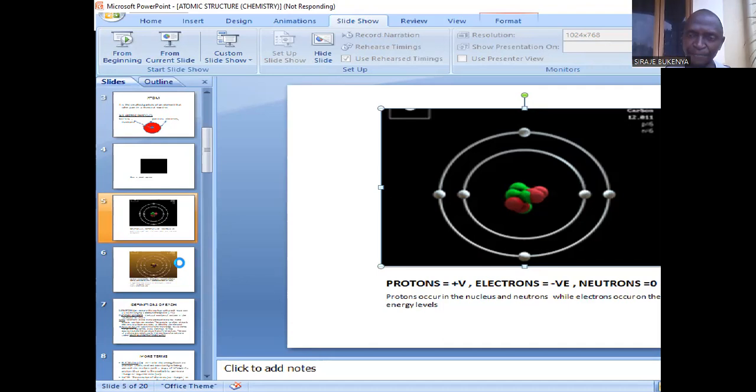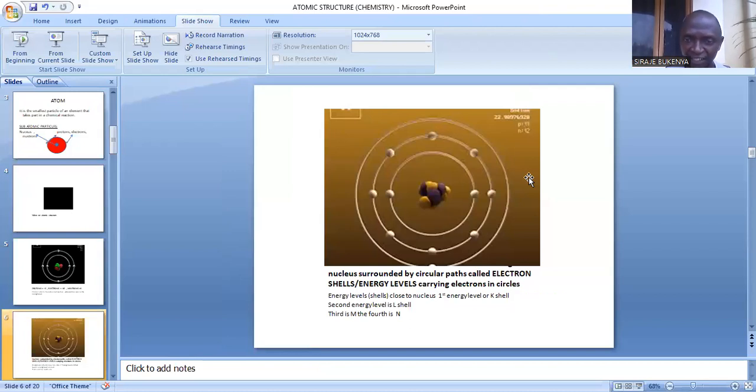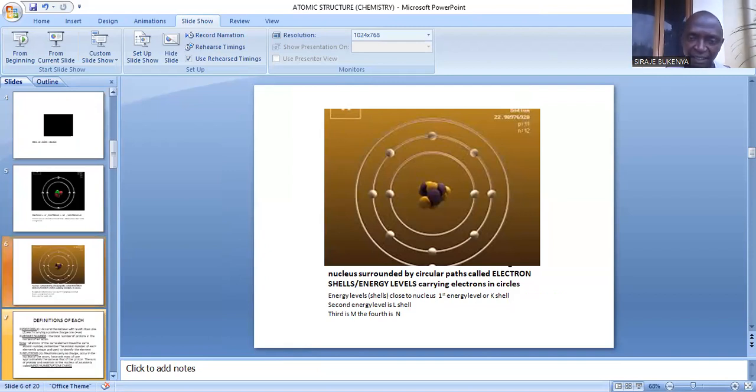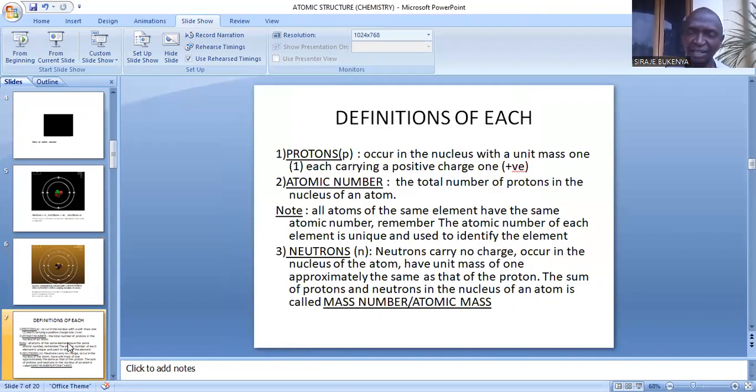We have talked about K, L, M, and then finally N, which is a little bit far away from the nucleus. So K is the first energy level, then L the second, then M, and then we move on to the one which is a little bit far away from the nucleus. But you find that we have talked about the first carrying a maximum of 2 and the next carrying a maximum of 8.